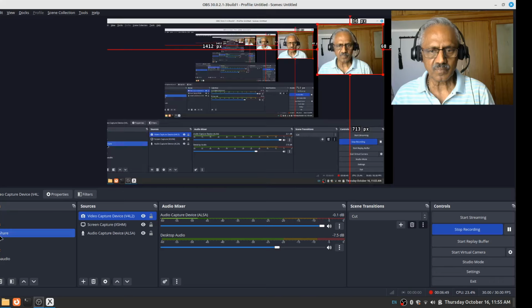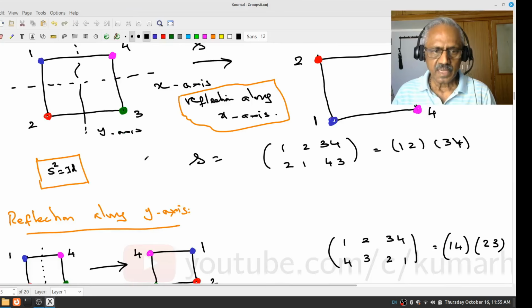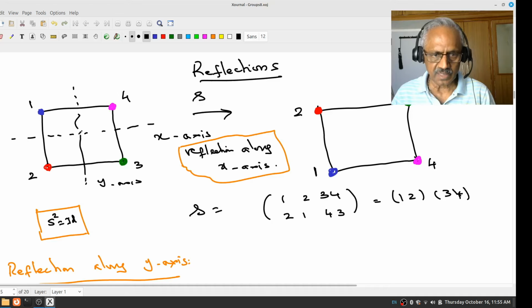So this is the symmetry. Then there is another symmetry which is known as reflection. Let us assume the center of this square is the origin and the sides are parallel to the axes. Therefore, I can reflect the square with respect to the x-axis.